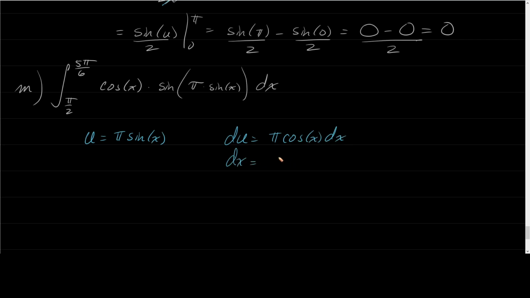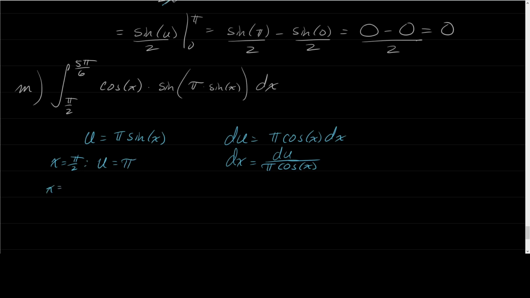Therefore, dx is du over pi cosine of x. And now we need to change the bounds as well. When x equals pi over 2, then u would be equal to pi times sine of pi over 2. Sine of pi over 2 is 1, so u would be pi times 1, which is pi.